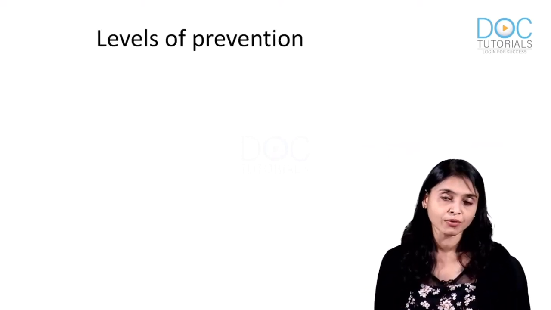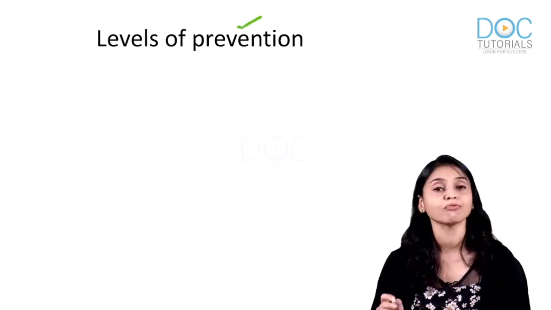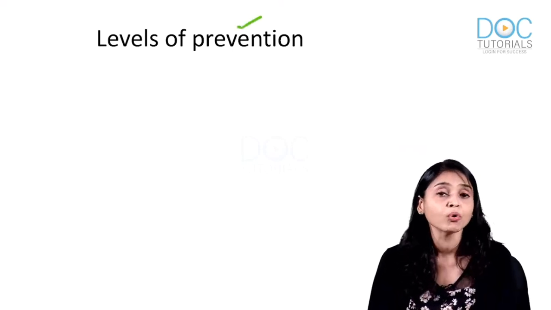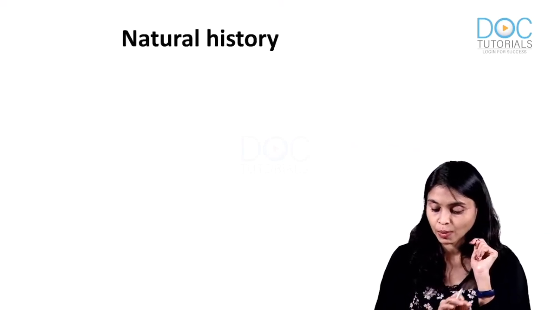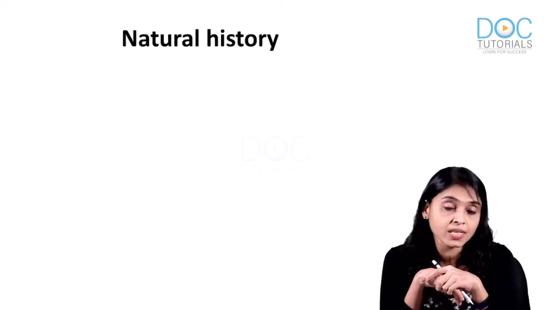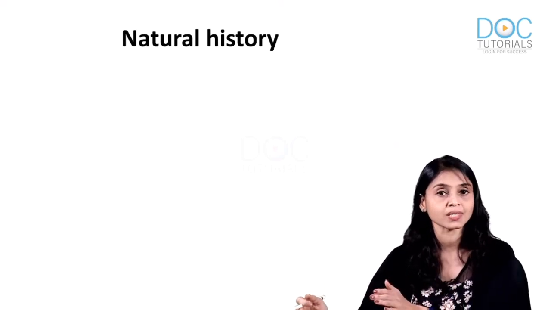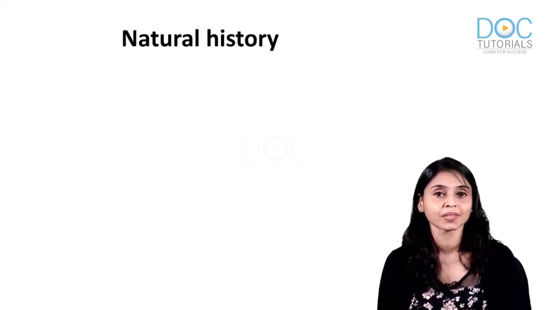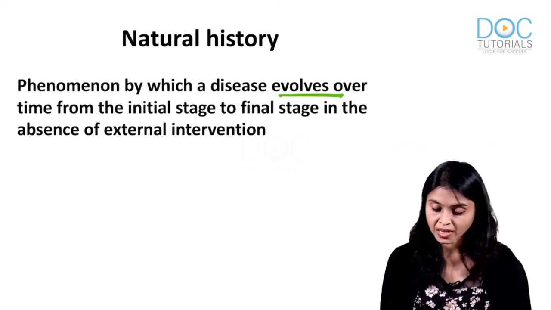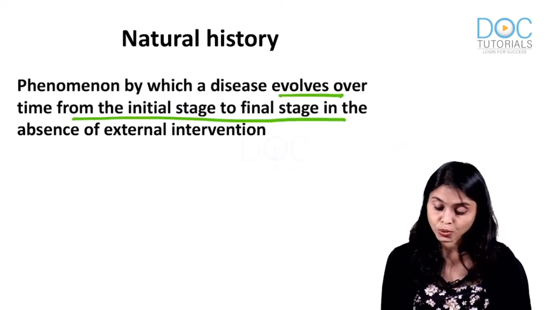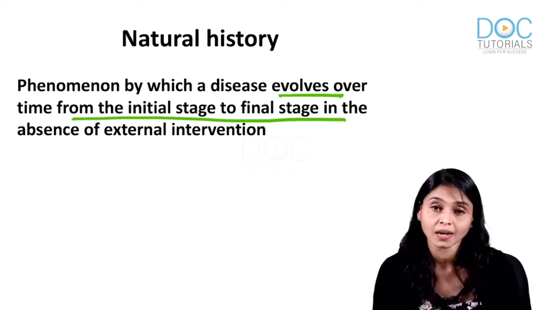Next topic of discussion from epidemiology is levels of prevention. Before going into levels of prevention, the first MCQ is, what do you mean by natural history of a disease? Natural history of a disease, that itself is an MCQ. It is a phenomenon by which a disease evolves over time from its initial stage to the final stage in the absence of external intervention.